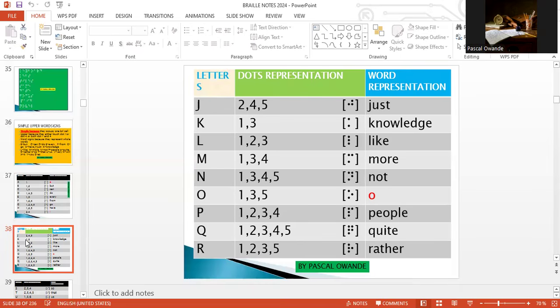It remains O. It also does not have its word representation in Braille. Then we have letter P, which is dot 1, dot 2, dot 3, and dot 4. Word representation is people.